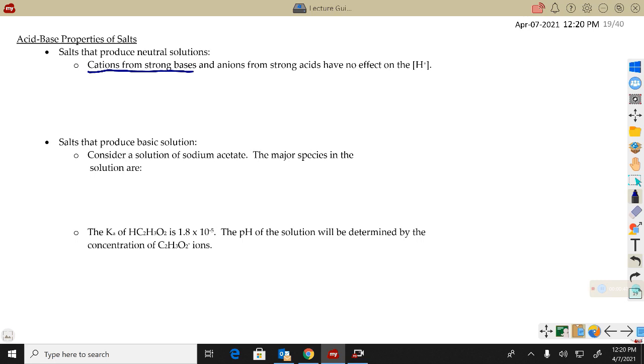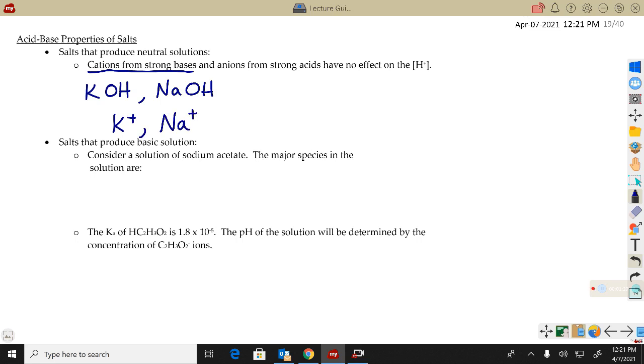So when I think about the positive ion from a strong base, the two that come to my mind right away are things like potassium hydroxide, sodium hydroxide, probably two of the most common strong bases. Well, the cation then is just referring to the positive ion. So we're referring to the potassium ion or the sodium ion.